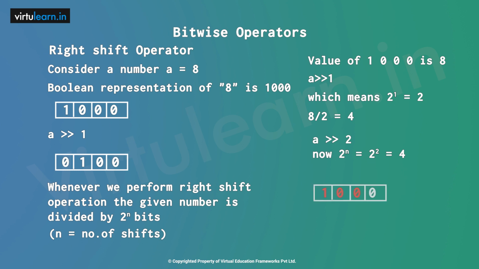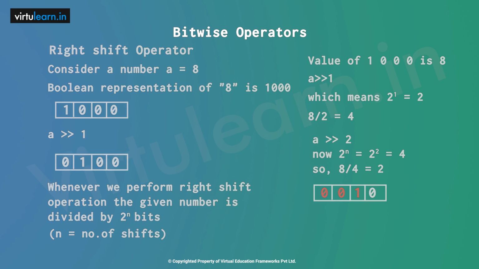Now take the logic of this right shift: a number is divided by 2 to the power of the number of shifts. 8 is divided by 2 to the power of 2, which is 4. 8 by 4, the result is 2. So this is how the right shift operation works.